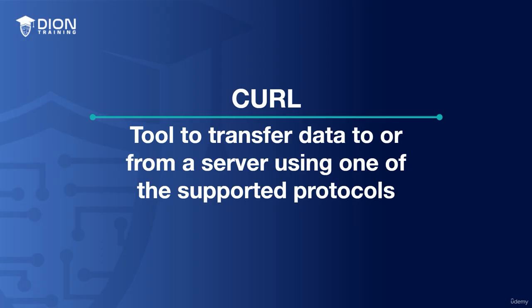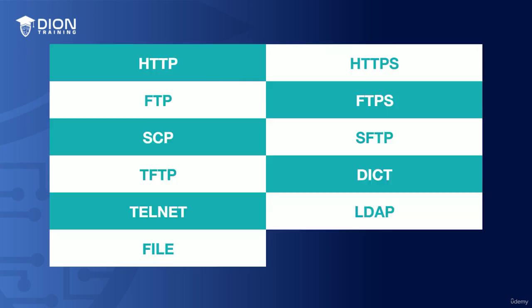Curl is a tool used to transfer data to and from a server using one of the supported protocols, including HTTP, HTTPS, FTP, FTPS, SCP, SFTP, TFTP, DICT, Telnet, LDAP, or File.